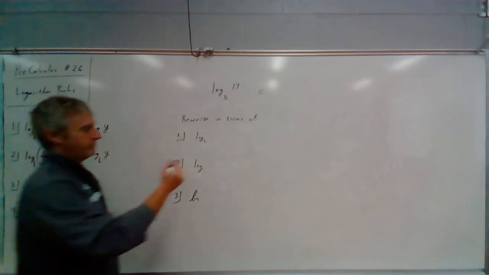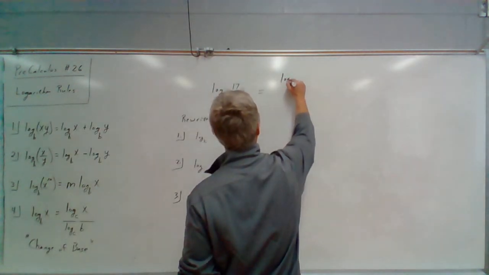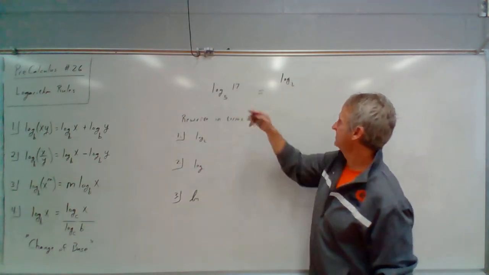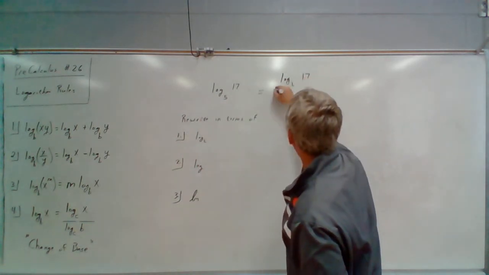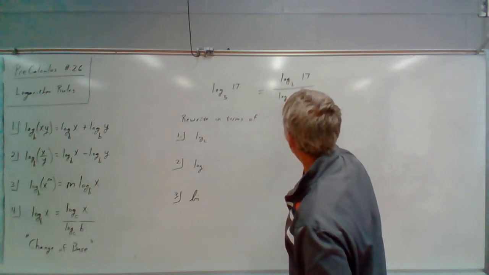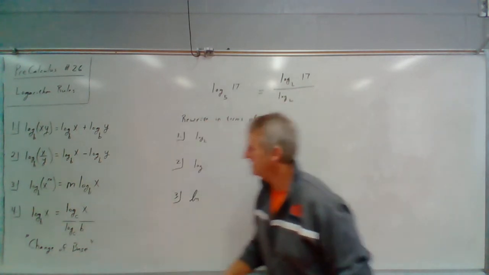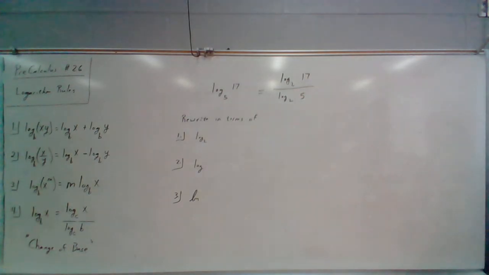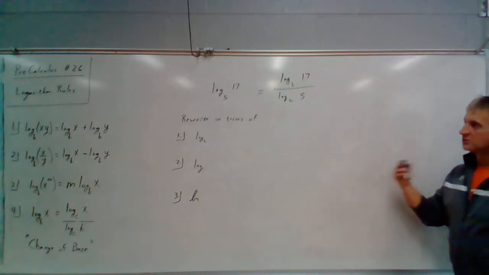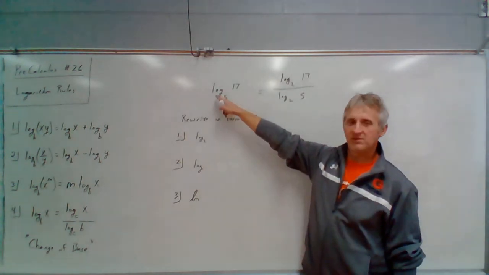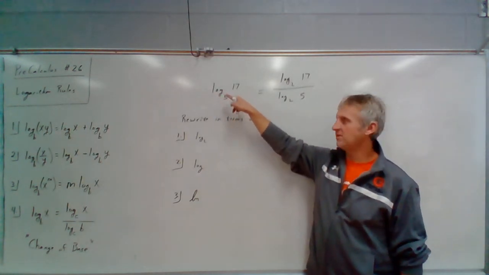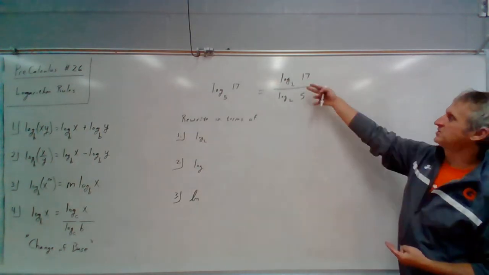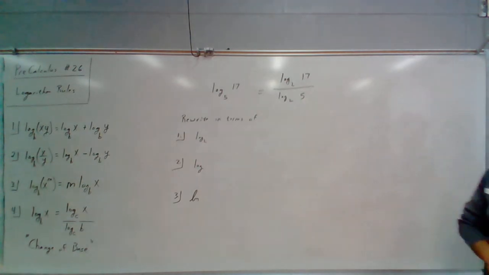So I'll have log base 2 of x, which was 17, over log base 2 of b, and my b was a 5. So it's that easy. I rewrote that in terms of log base 2. So if I had a question that was log base 5, and for some reason I wanted it as log base 2, I would just use this formula, and it's as easy as that.